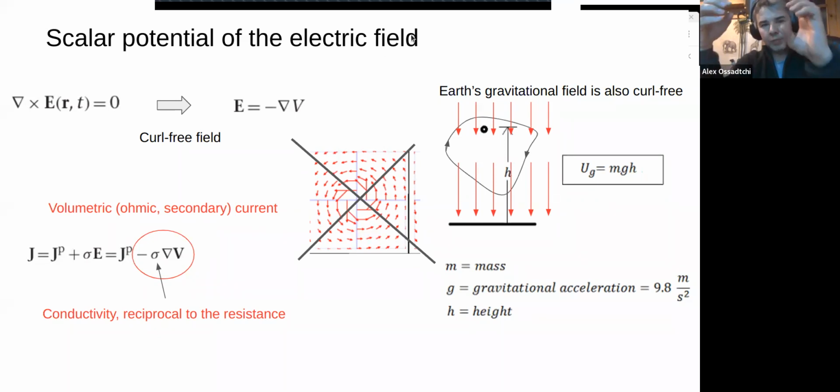So if you have a positive charge and you move another positive charge to it, you will have to spend certain energy, which is proportional to the potential difference. And this is the electric field potential difference between the point where you started moving and the point where you finished the movement. Then if you take two charges, you will have to spend twice as much energy, right?